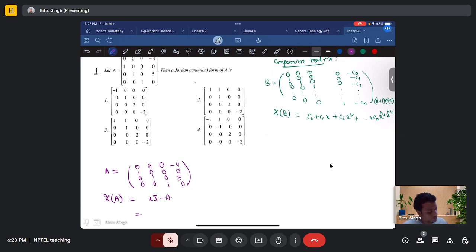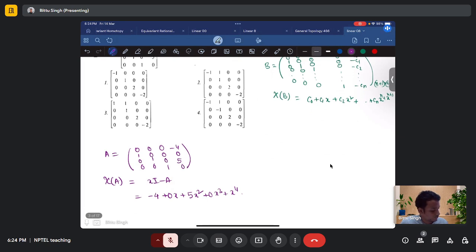It is easy to see that it will take this form: minus 4 plus 0x plus 5x squared plus 0x cubed plus x to the power 4. Okay, that is the characteristic polynomial. Sorry, it is actually written as chi A of x.